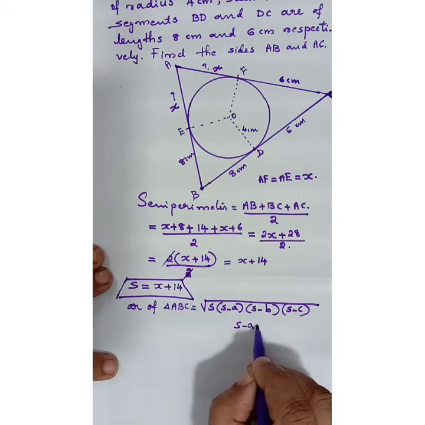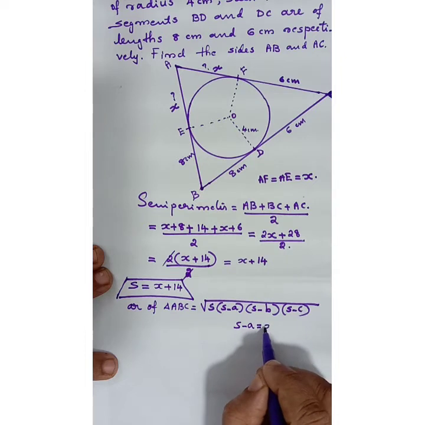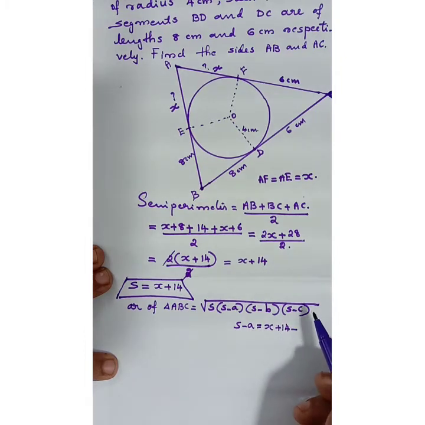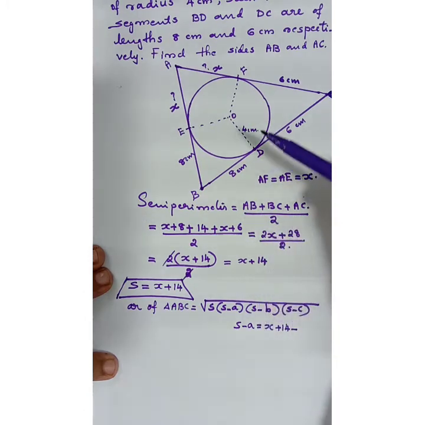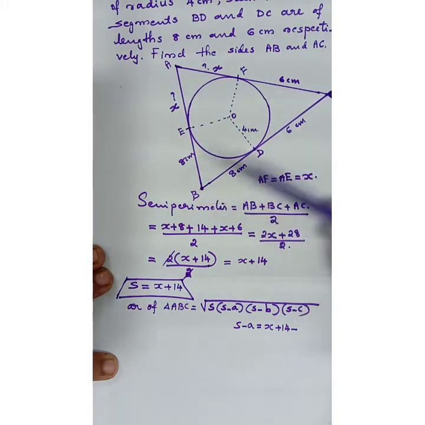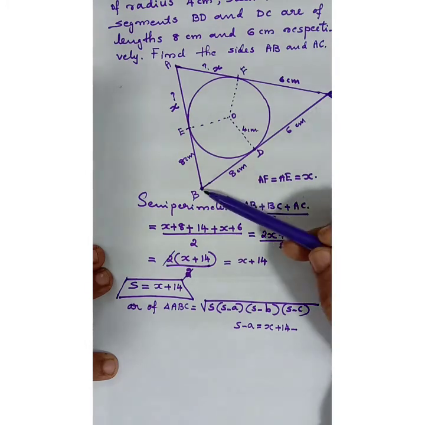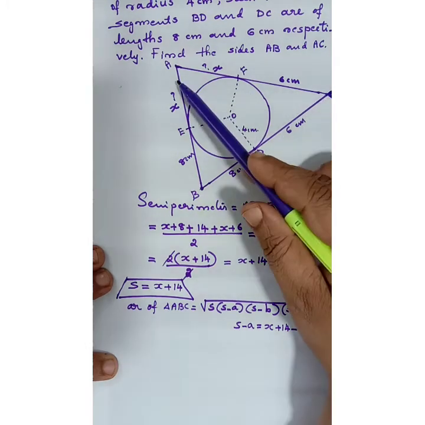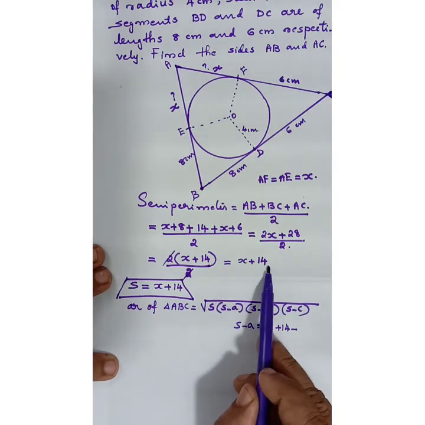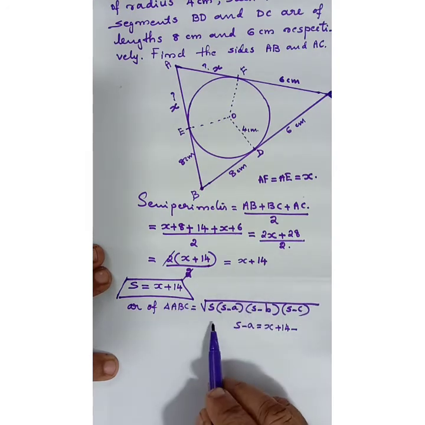S minus A means semi-perimeter minus one side, where A, B, C are the sides.